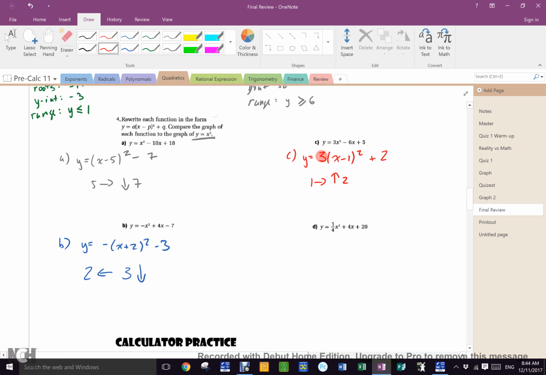Anything else weird about this one? Yeah, it goes 1 up, 3, 2 up, 12, 3 up, 27. It's got a stretch. I'm writing stretch wrong because it's not coming up on the screen.